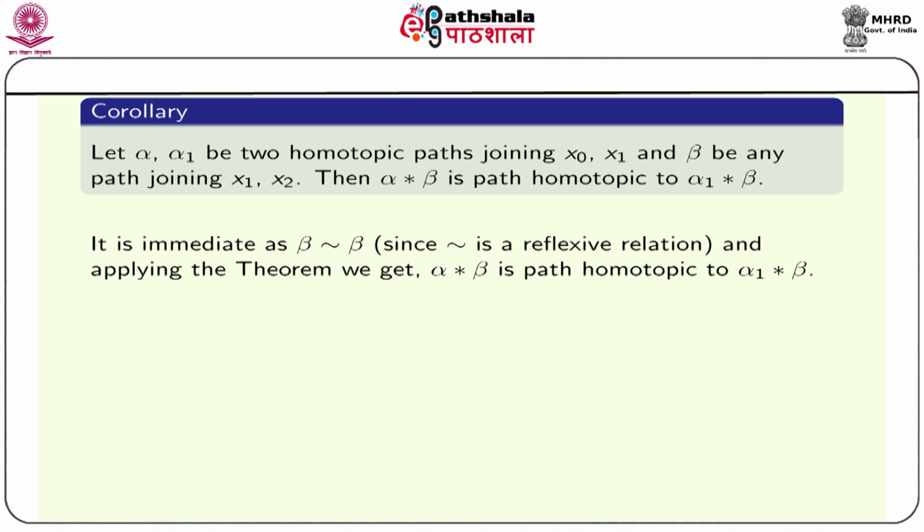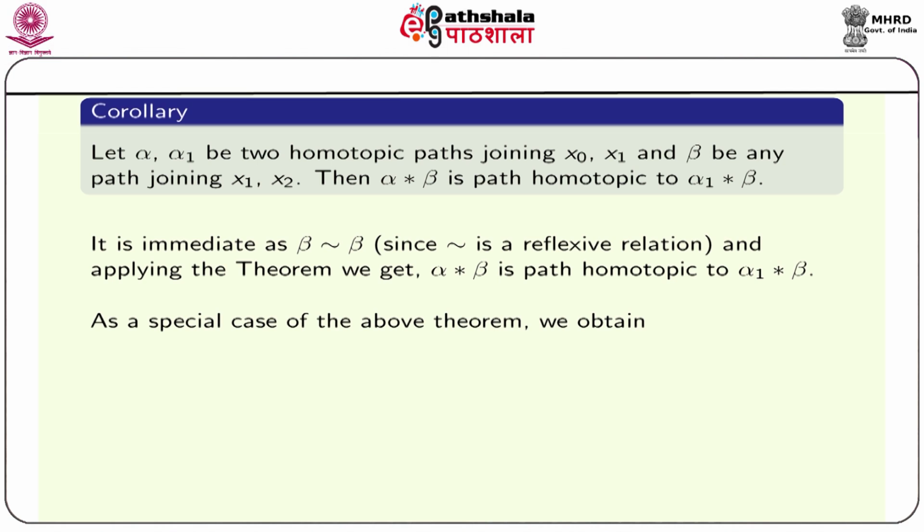Of course, this corollary is immediate from the fact that beta is homotopic to beta itself, by the reflexive relation of homotopy. And applying the theorem, we get alpha star beta is path homotopic to alpha 1 star beta.